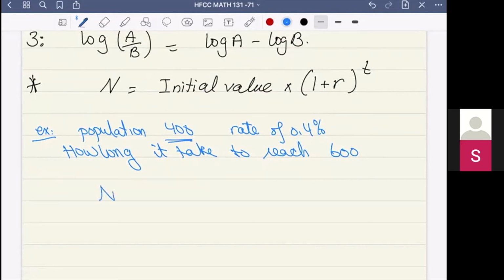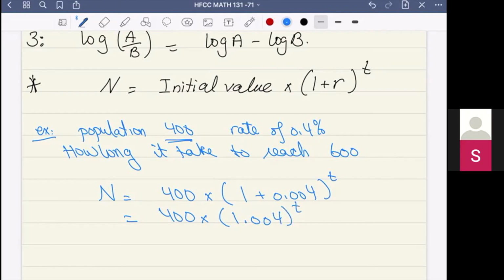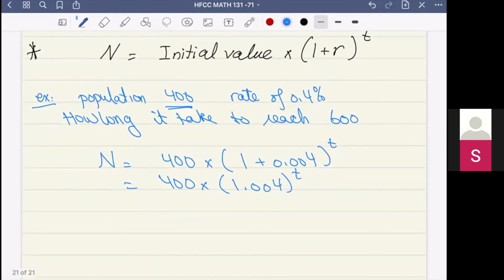We know that our n is the initial value, which is 400, times 1 plus the rate, which is 0.004, to the power t, rewriting it as 400 times 1.004 to the power t. And now what's our n in this case? Because it was given as 600. So let's solve for t. We divide this whole thing by 400, divide this whole thing by 400.